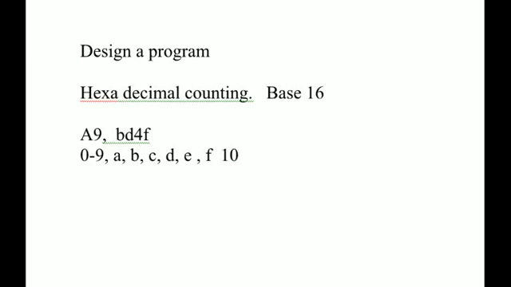It's a 10 in hexadecimal. To mark it as hexa, we normally put an X after the number. So 10 in hexadecimal equals 16 in the decimal system. Sorry, it's 16 in decimal.